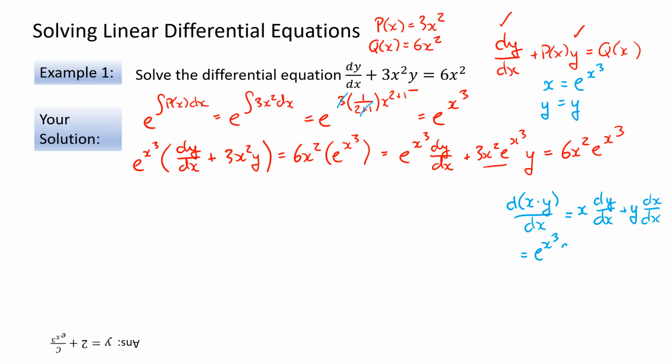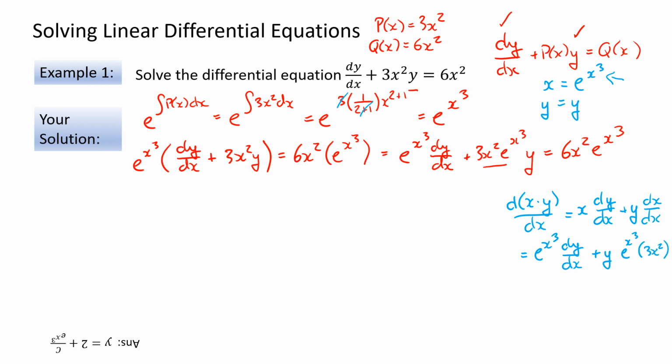We can just leave it as dy by dx, because it's the function y. For the second function, we have y times the derivative of the first function. And the derivative of e to the x cubed is, remember, e to the x cubed times the derivative of whatever's in the exponent, which is 3x squared.